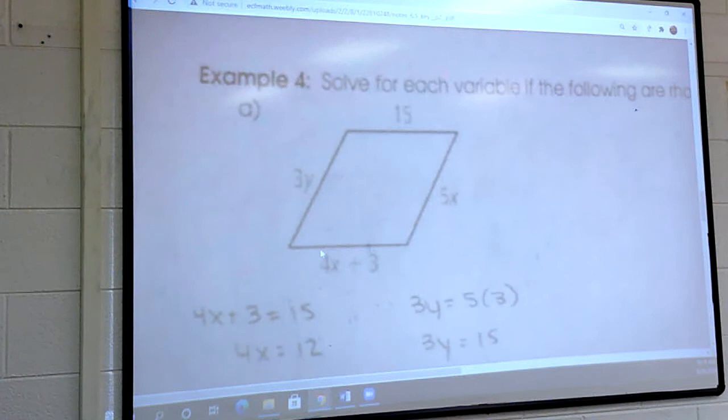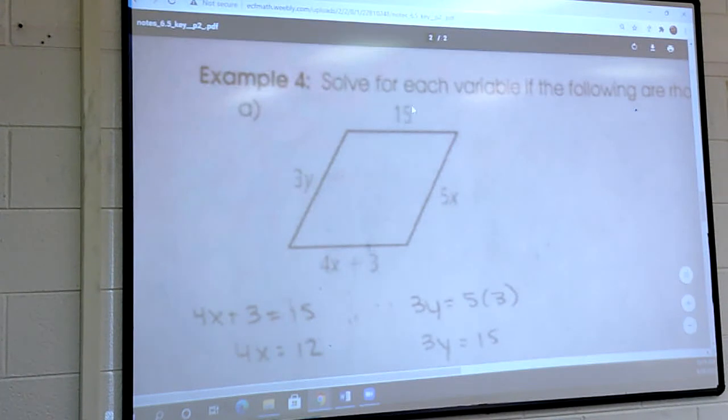The first thing that they decided to do is say 4x plus 3 is equal to 15. We know these 2 sides are equal to each other. We could have said 5x equals 15, or 3y equals 15, but they chose 4x plus 3 equals 15.